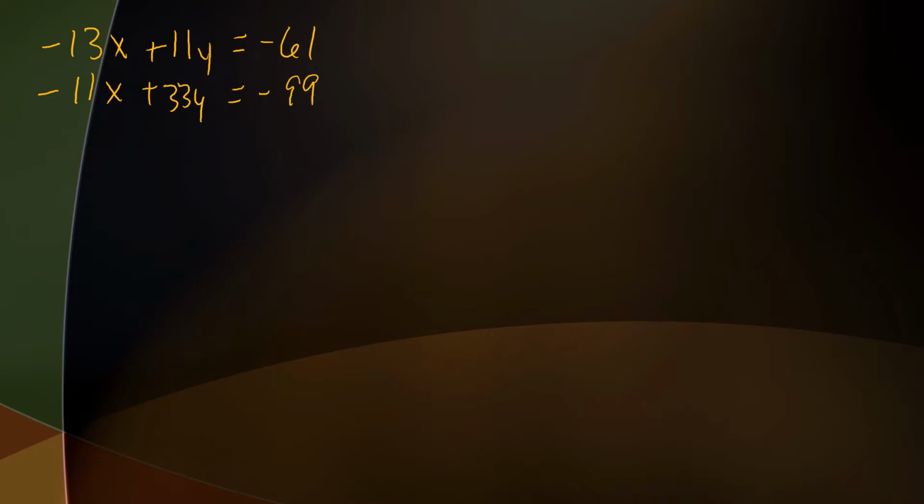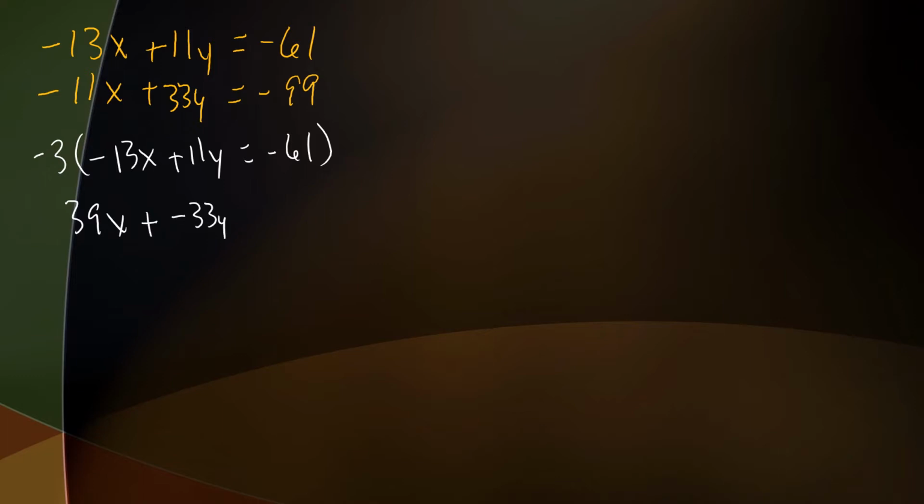So I'm going to take negative 3 times negative 13x plus 11y equals negative 61, and I'm multiplying that entire equation by negative 3. Now that's going to give me 39x plus negative 33y equals, let's see, negative 3 times negative 61 is 183.